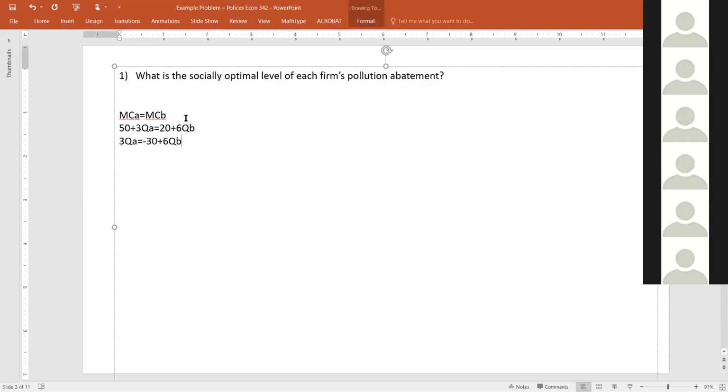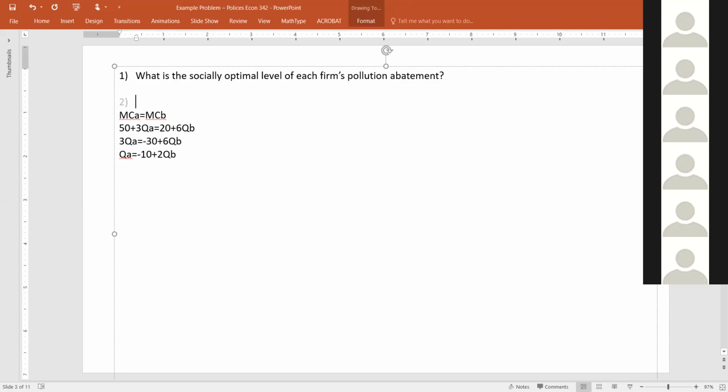All right, so all we did was set our two marginal costs equal to one another, and then we moved this 50 over to this side of the equation. We're going to divide both sides by 3, and we'll get Q sub A in terms of Q sub B. So minus 10 plus 2Q sub B. That's a great first step.